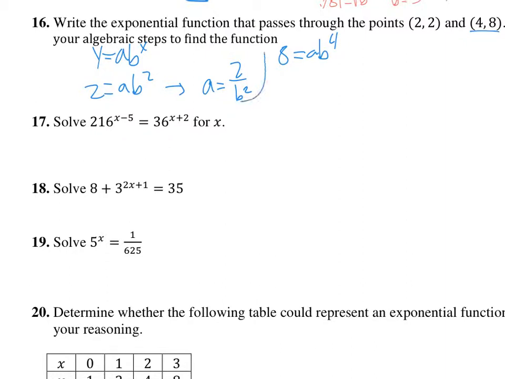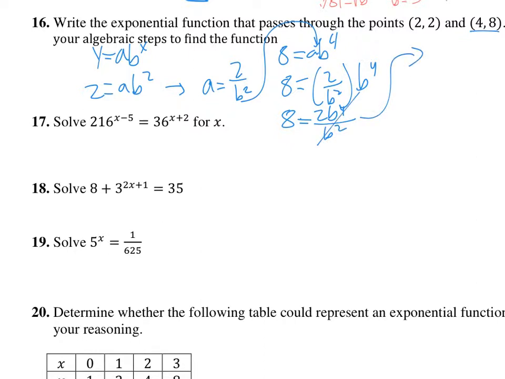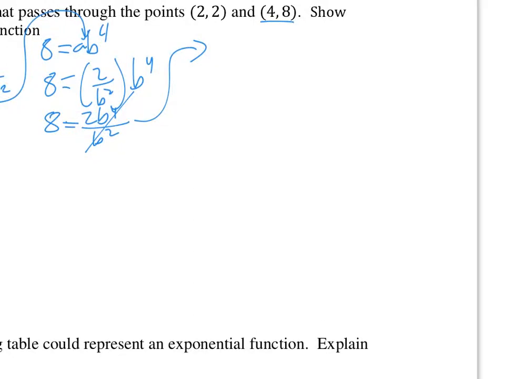If we plug this into here, we get 8 equals 2 over b squared times b to the 4th. So 8 equals 2b to the 4th all over b squared. Well, these are going to cancel there, leaving us with, let's see, 8 equals 2b squared.